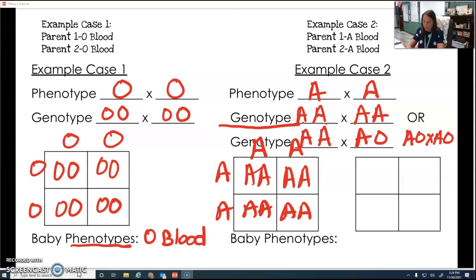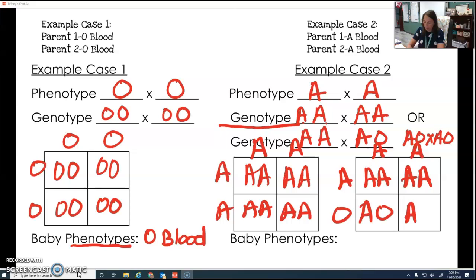Now, what if it is an A and an AO? Then that's going to give me all A's. But this one's going to give me an AO and an AO. So in this case, all of these are going to give me blood type A blood.